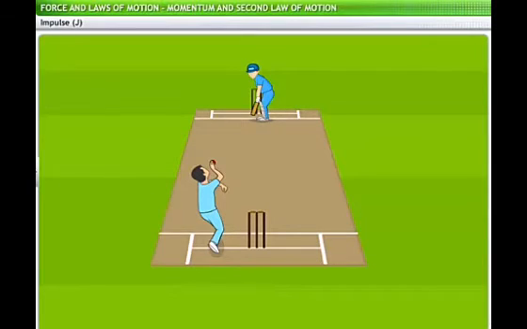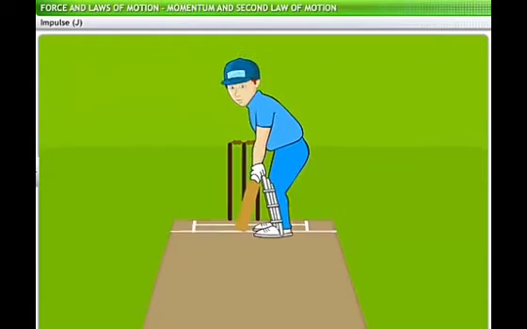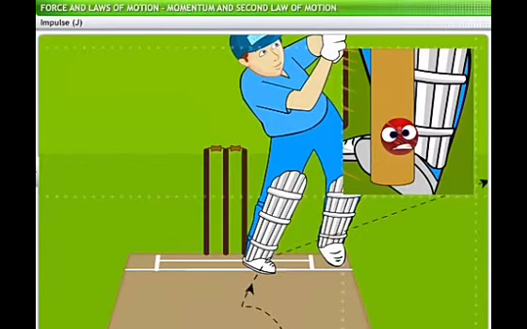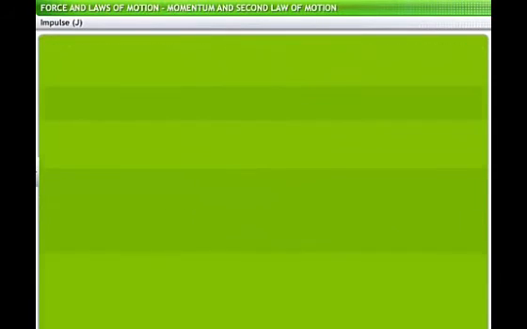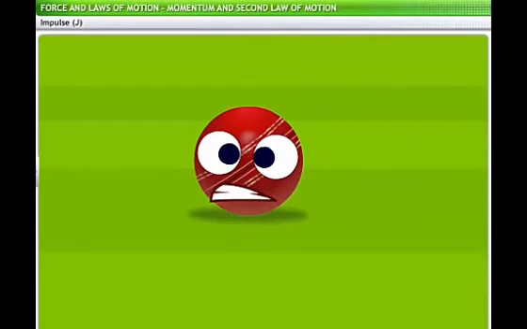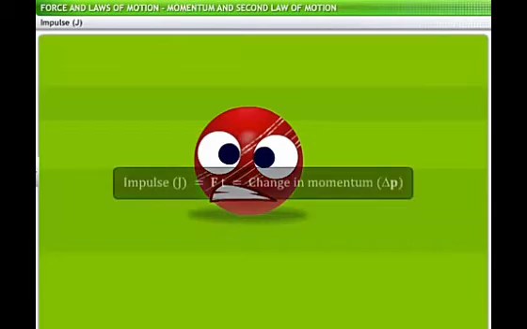Consider a cricket ball bowled towards a batsman in a cricket field. The batsman strikes the ball with a large force that acts on the ball for a moment. The impact of the bat enables the ball to change its velocity in magnitude as well as direction. This is the impulse of the bat on the ball. Impulse is numerically equal to the change in momentum.